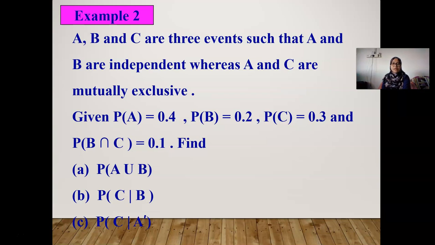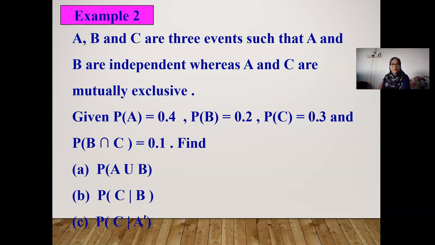Okay, A, B, C are three events such that A and B are independent, whereas A and C are mutually exclusive. Mutually exclusive. Masih ingat tu apa?